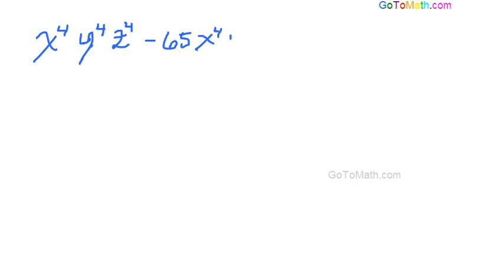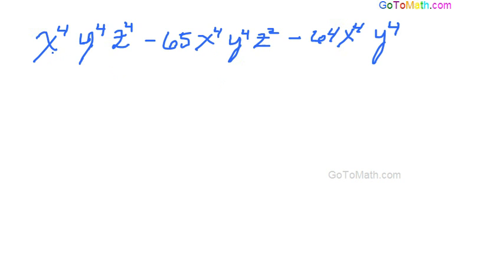Y to the fourth, z squared minus 64 x to the fourth, y to the fourth. A lot of fourth going on there.